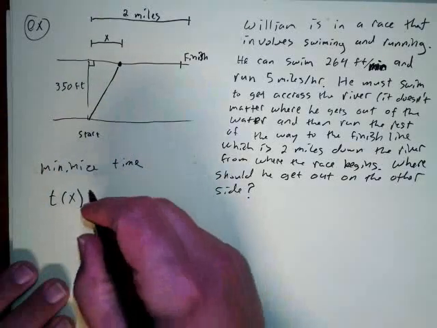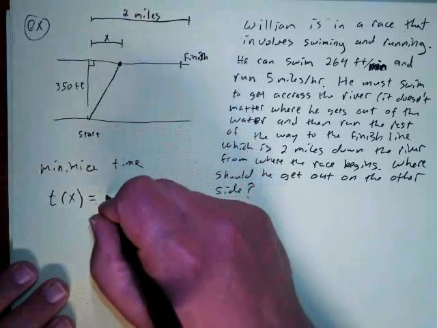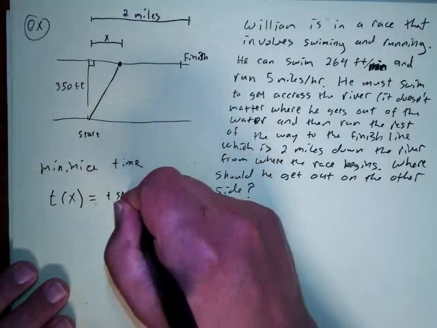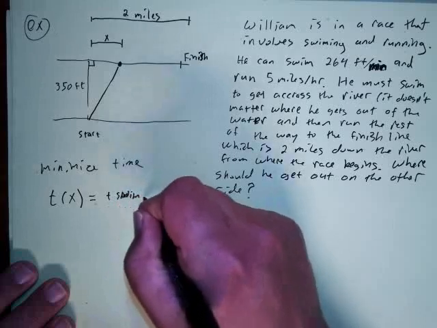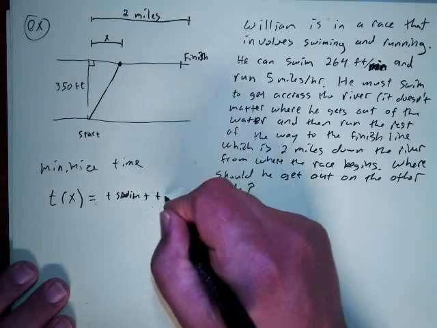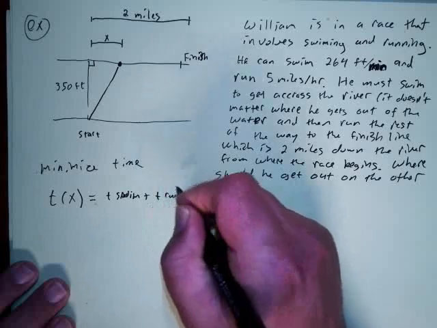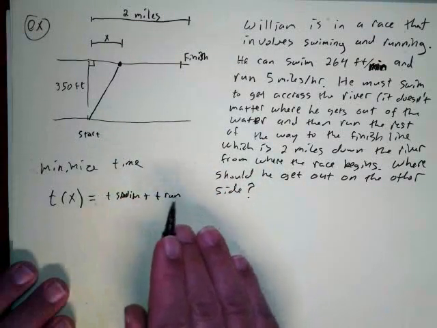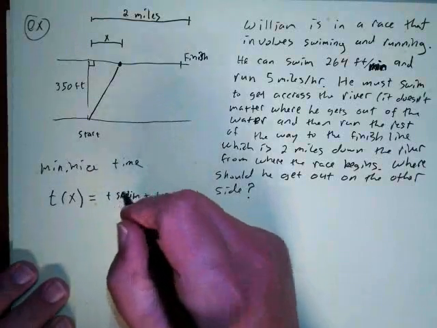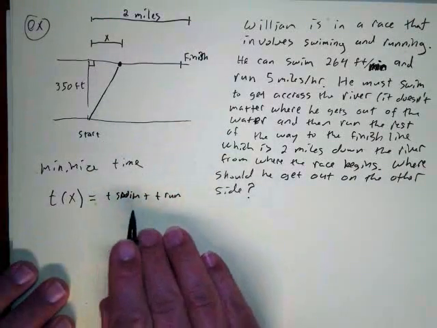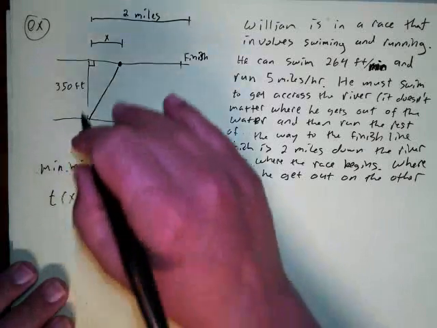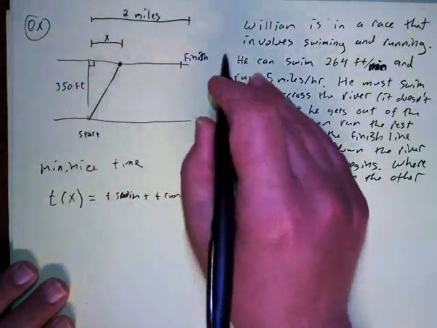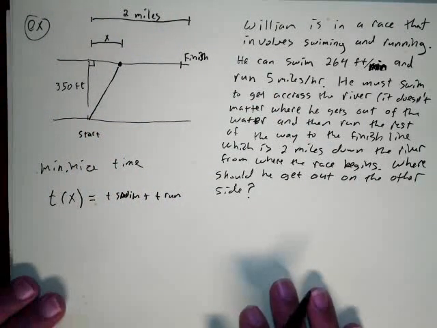And this is basically just going to be the time it takes to swim plus the time it takes to run. I have t swim plus t run. And so what I want to do is find the time it takes him to swim, depending on where his x is, the time it takes him to run, right?